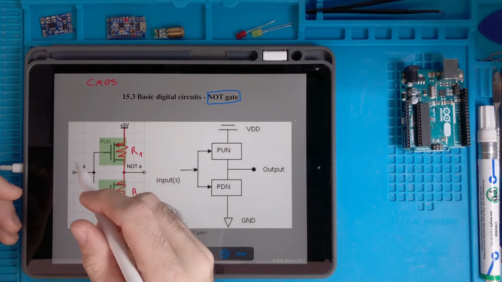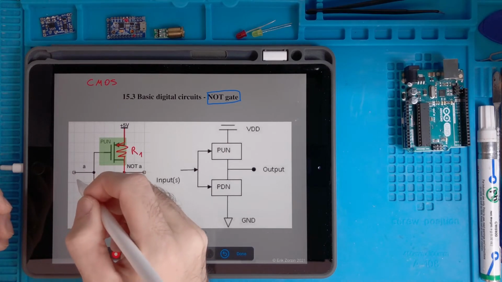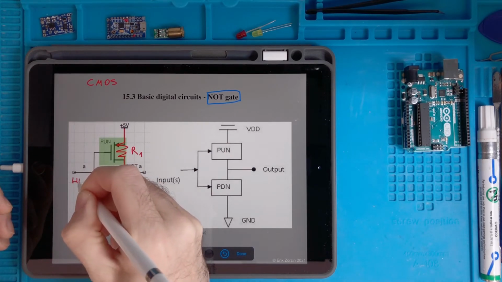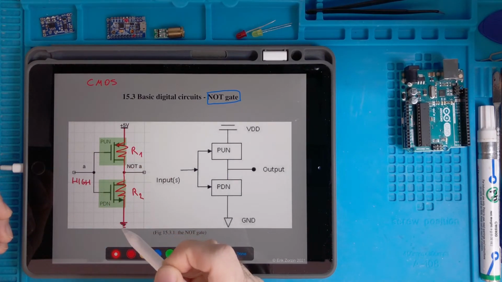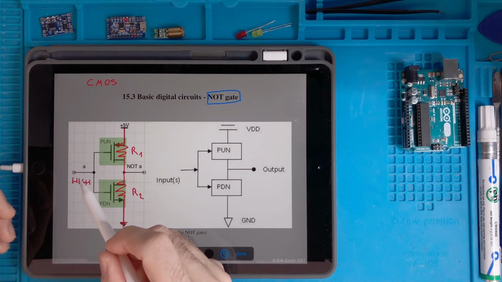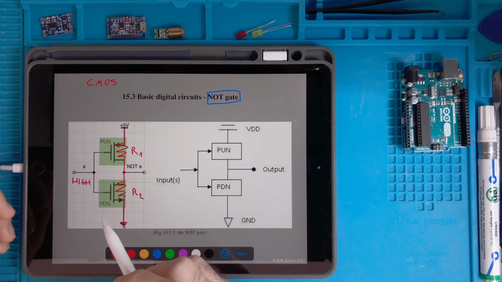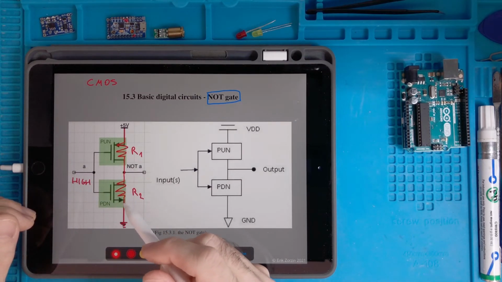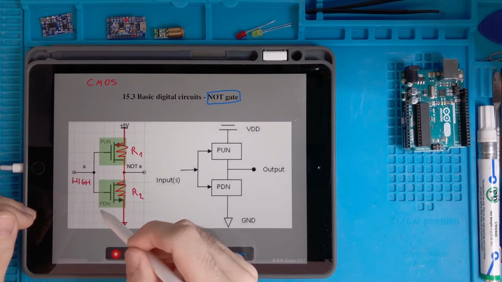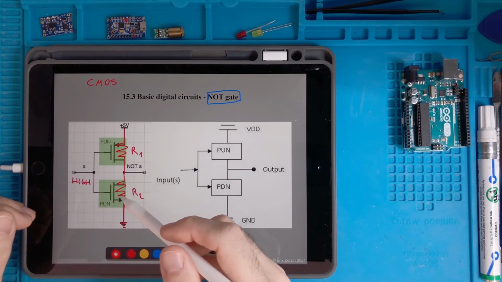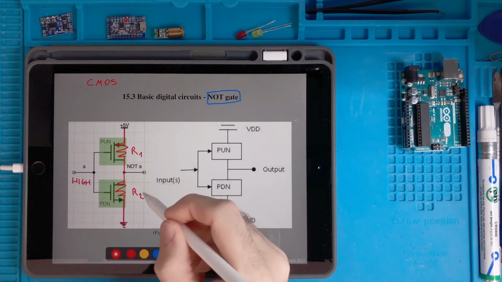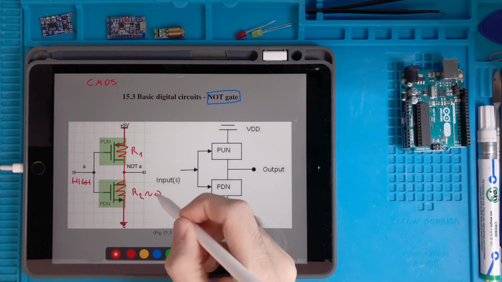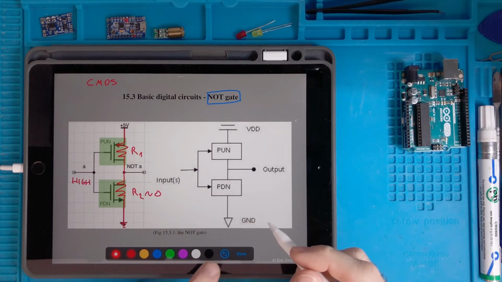So if the signal A is high, so let's assume that this thing is high with respect to the ground, so it means that A is equal to 5 volts at this moment, then the low transistor will conduct, meaning that R2 will be very small, let's say almost 0, just to be clear.